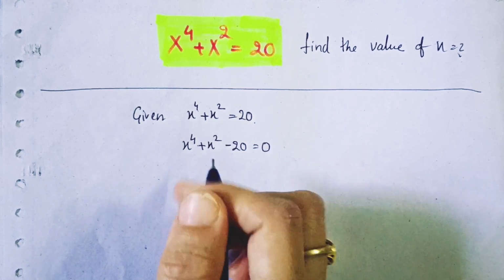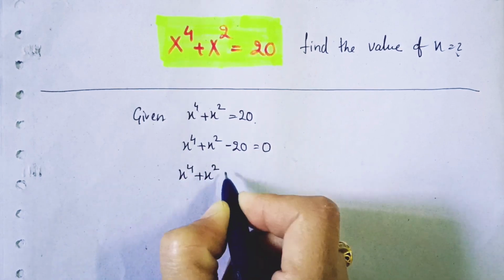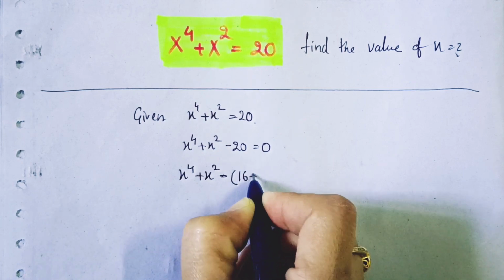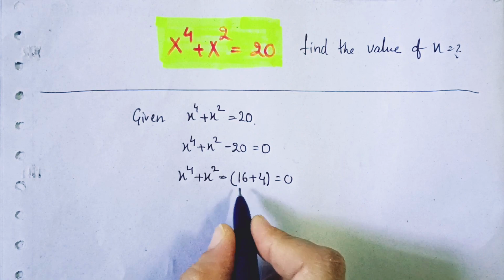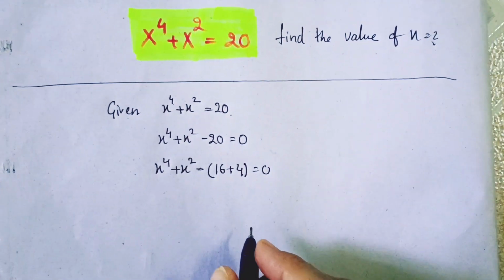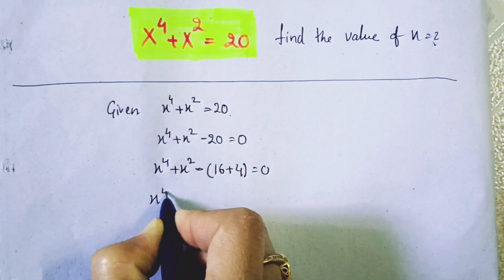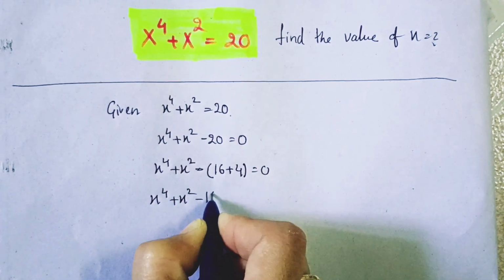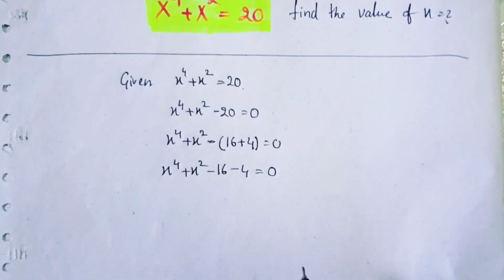Just see, x power 4 plus x square minus 20 can be written with 20 as 16 plus 4. Then we have x power 4 plus x square minus 16 minus 4 equal to 0.